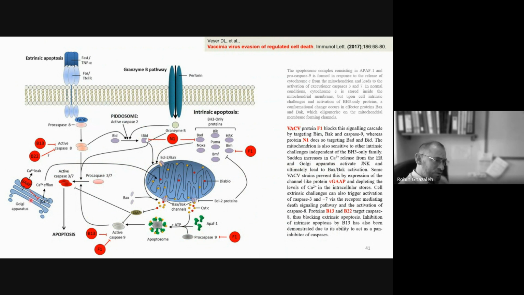In the endoplasmic reticulum or Golgi, this channel causes calcium, which is normally present at a very high concentration intracellularly, to constantly leak out, and that prevents calcium from acting as an important second messenger in the apoptosis pathway, which depends upon a sudden elevation of intracellular calcium. And this is just one example of one protein, one virus, which is able to interact with all of these different aspects of the pathway.